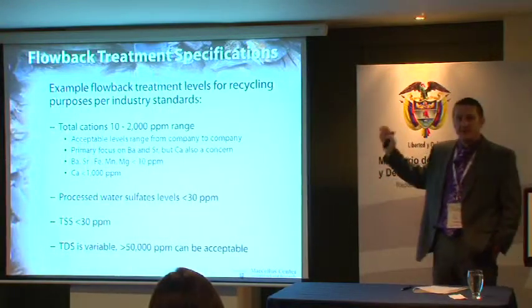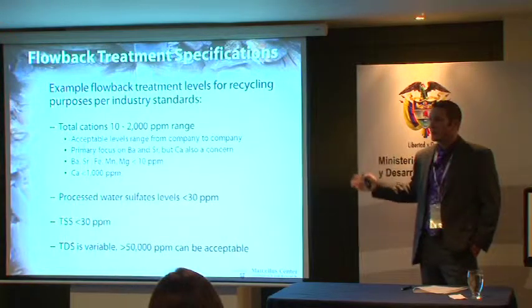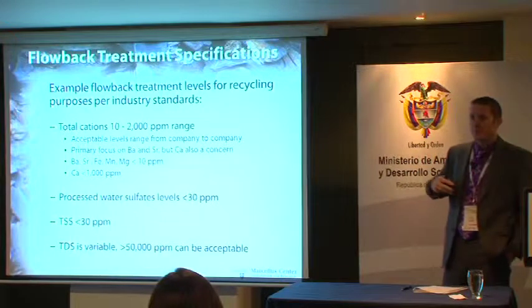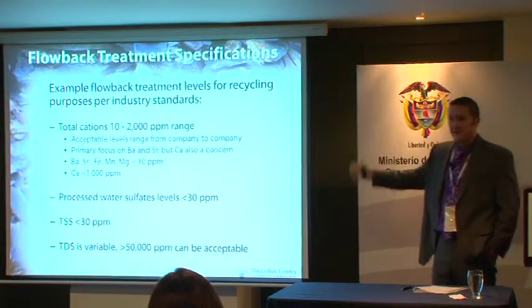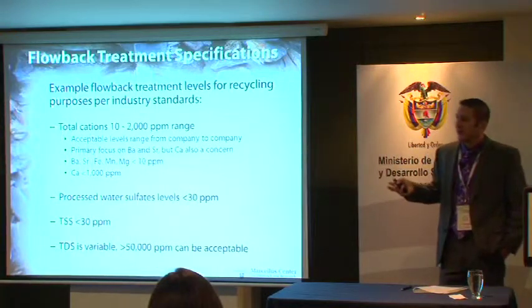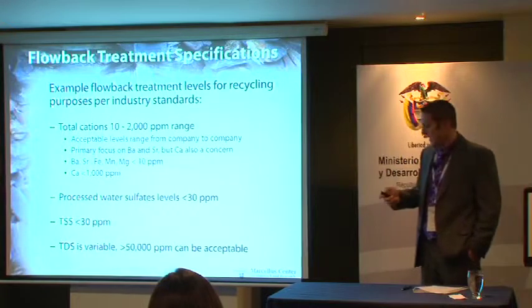Different companies have different thoughts on how the flowback water should be treated and what would be acceptable for reuse. This is just sort of an informal survey I've had with some of the treatment plant operators and what their clients are requesting the water be treated to.